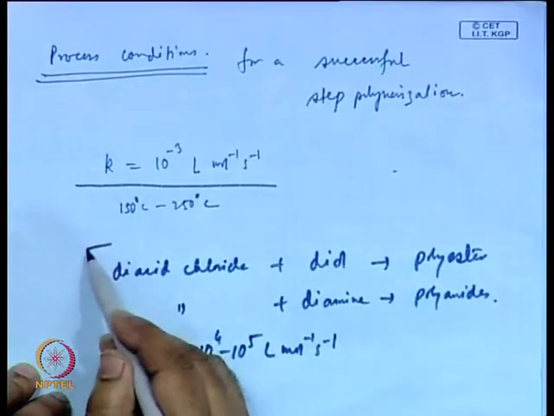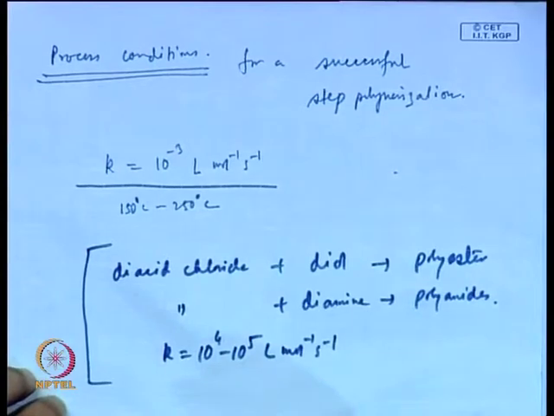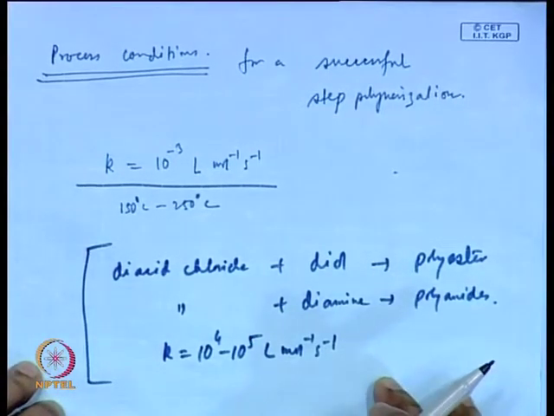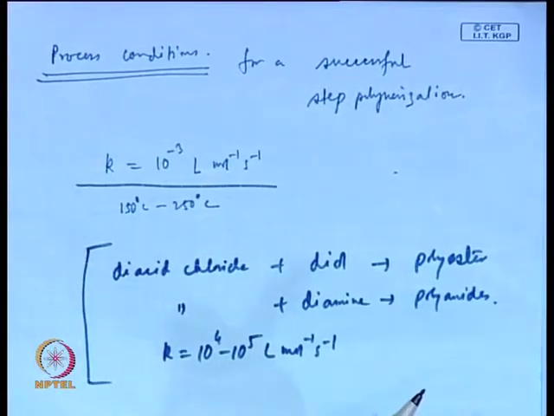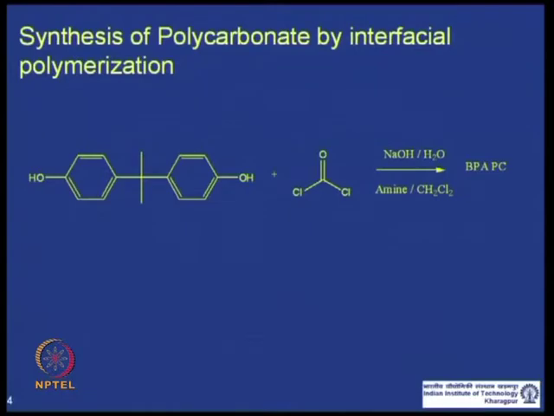This fastness has been used in making polymers by interfacial polymerization, and I will come to an example. In interfacial polymerization, reactions happen at the interface between two liquid phases. Two monomers are taken in two different liquid phases and the reaction happens at the interface.